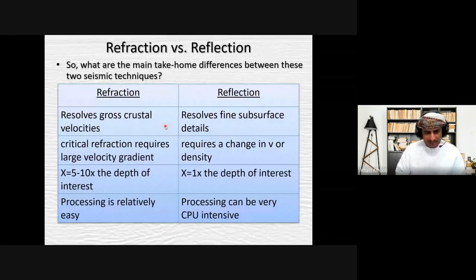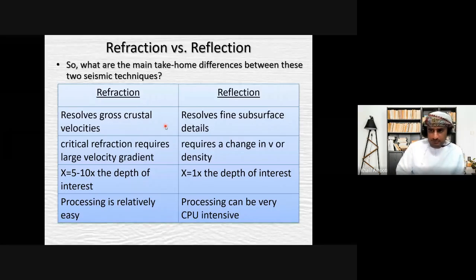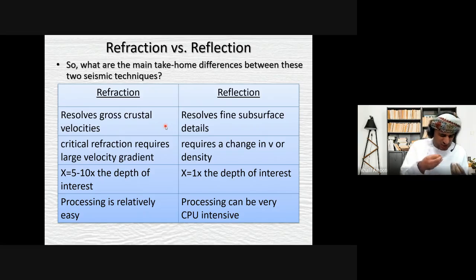So what are the differences? Why are we interested in reflection? Why not continue with refraction, the technique we used? Refraction is way cheaper. Refraction usually is only 2D. Refraction processing is way easier compared to reflection. You did processing, have you seen the software?